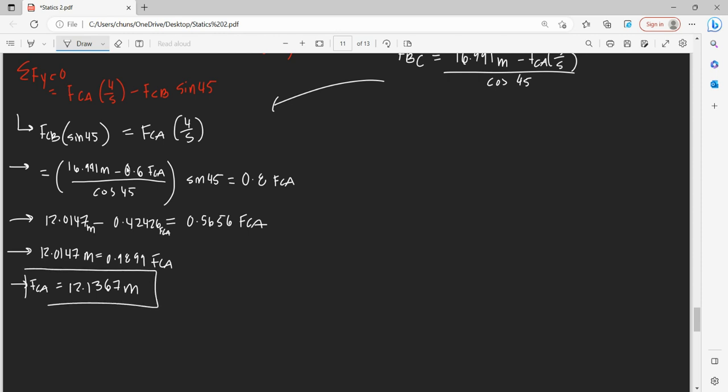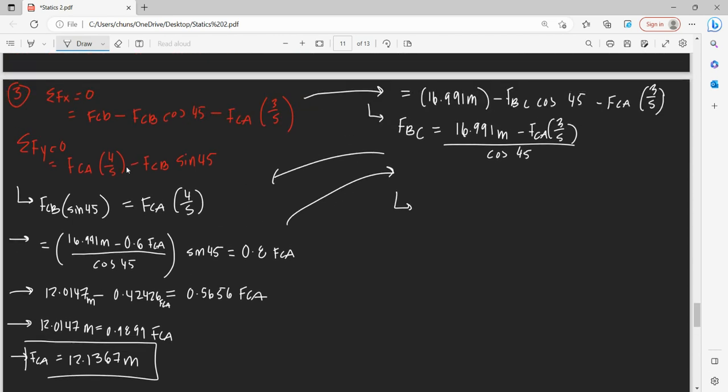Okay, and then we're going to put it back into this equation for FBC, and FBC is equal to 16.991 M equals, I'm going to substitute our value for FCA, so it's 12.1367 cos 45.